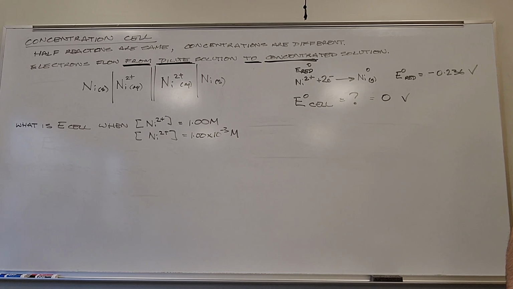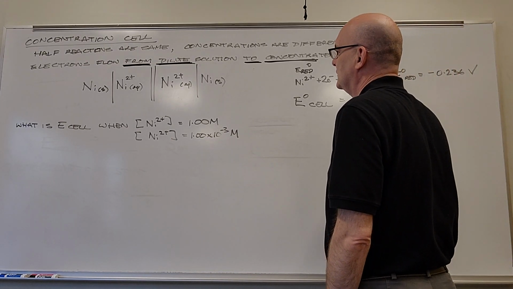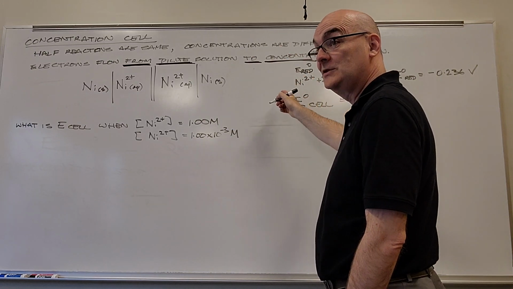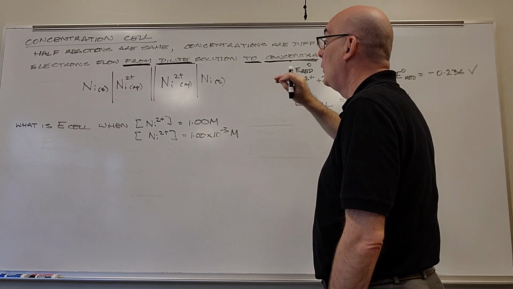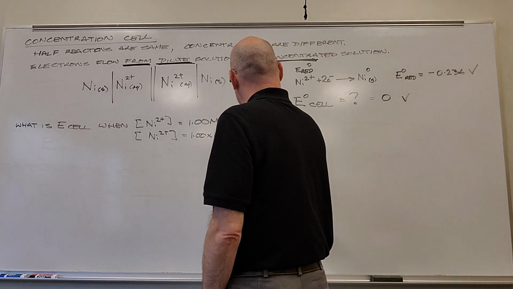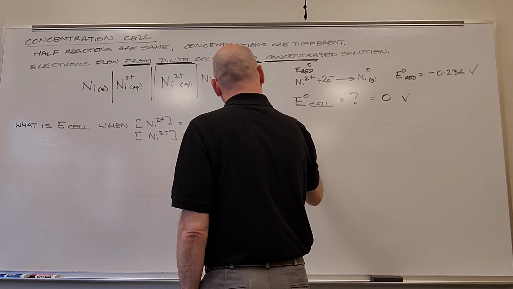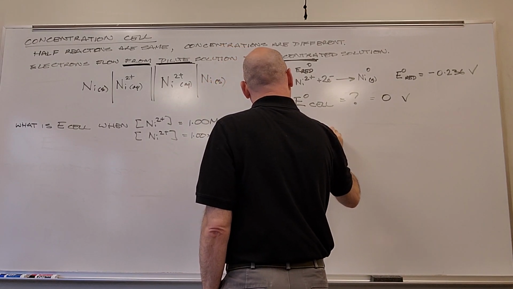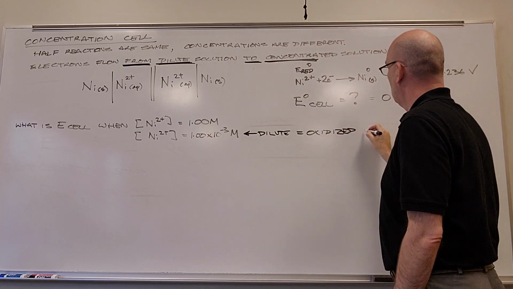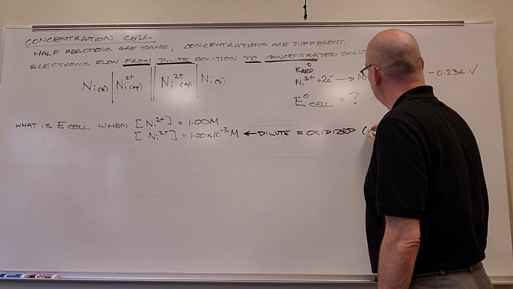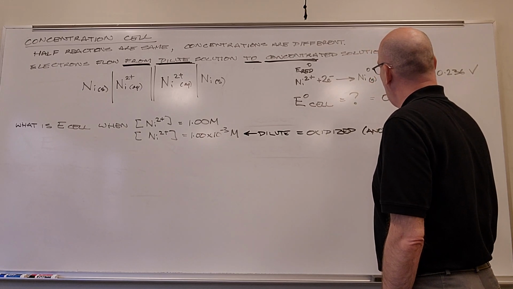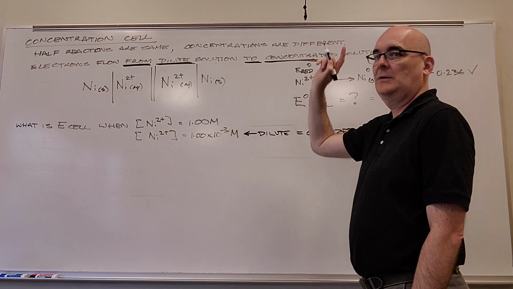Where's the oxidation happening? At the nickel, the diluted one. Yes. Because we have a directionality to this flow, the dilute solution becomes oxidized. Oxidation is the loss of electrons, so electrons flow away from the dilute. This is the dilute, and it gets oxidized. Oxidation occurs at the anode. This is my anode, and therefore the other one's the cathode.